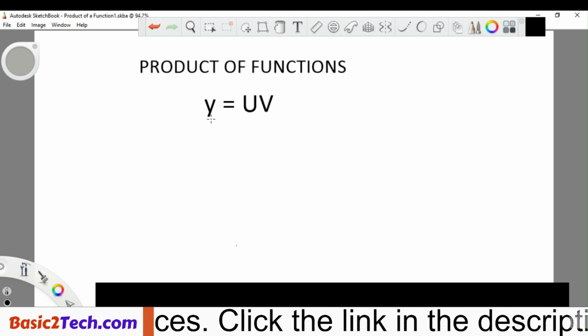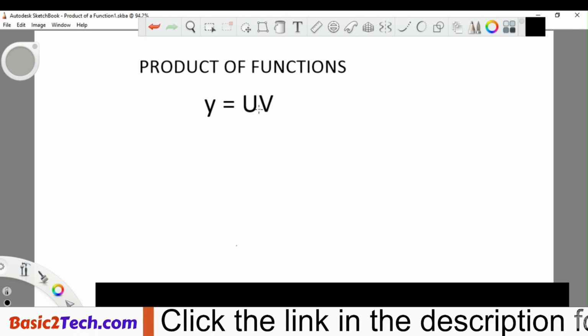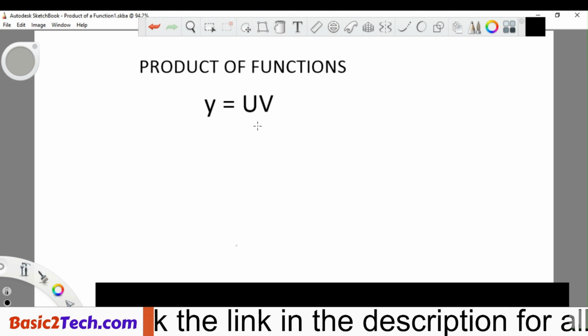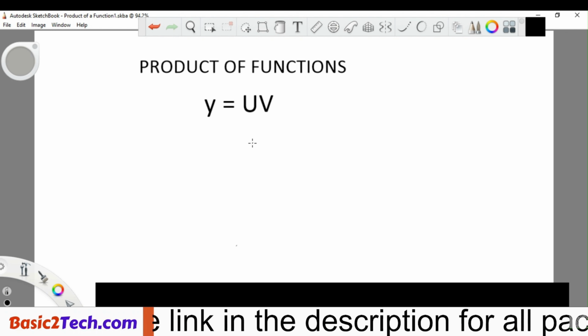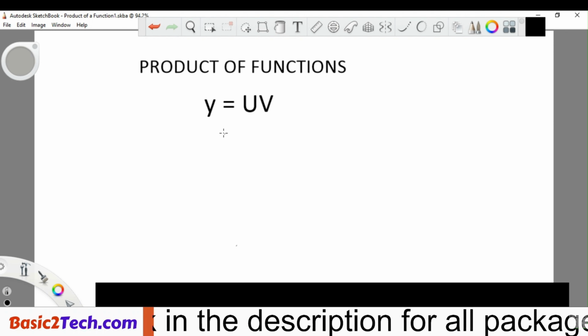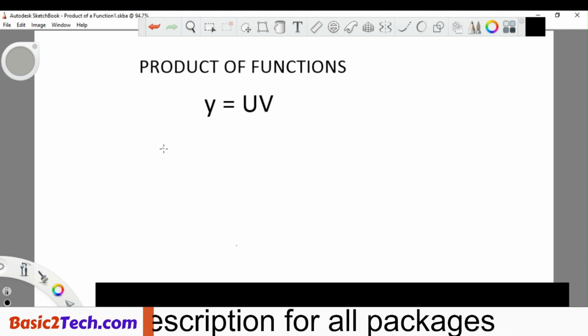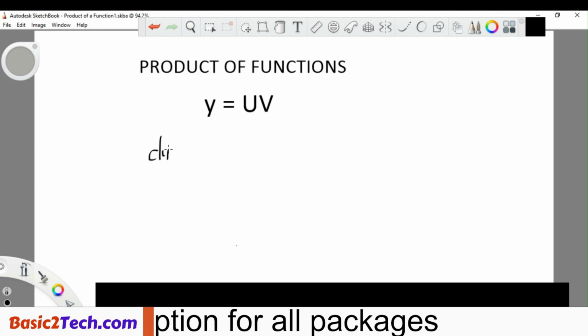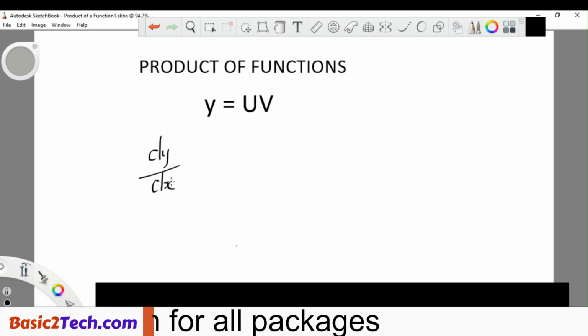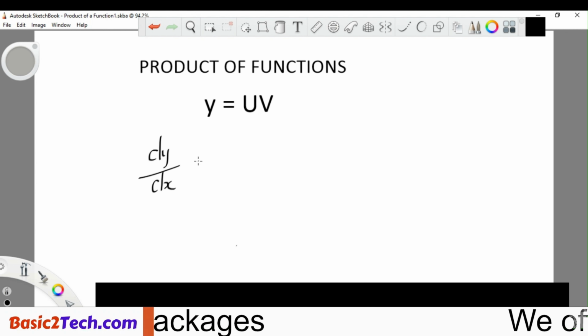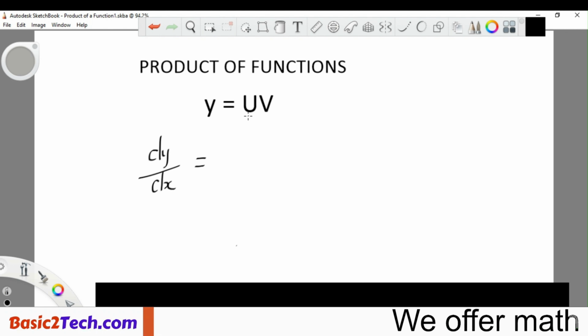For example, we are given y is equal to u times v, where u and v are functions of x. For us to solve this with respect to x, the formula is dy/dx. So we are differentiating this function with respect to x. The first thing we do is to put down the first function, which is u.